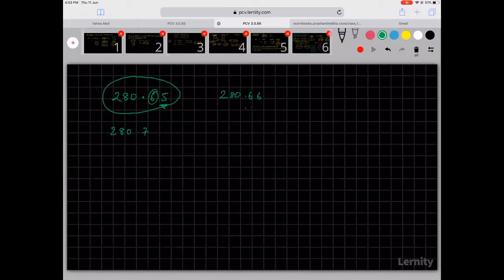So what they have said, for odd numbers you increase, for even numbers you keep it, so that overall it is balancing itself. Only when there is a 5, you need to bother about it. Now with the 6, you don't have to bother. It is rounded off to, this will be 280.7.